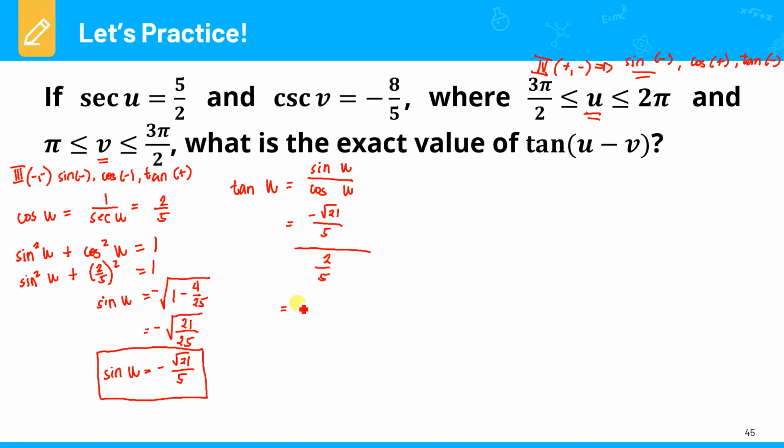So you have negative square root of 21 over 5 multiplied by the reciprocal of the denominator, which is 5 over 2. So dividing out, what we have here is negative square root of 21 over 2. So this is now our tangent u.